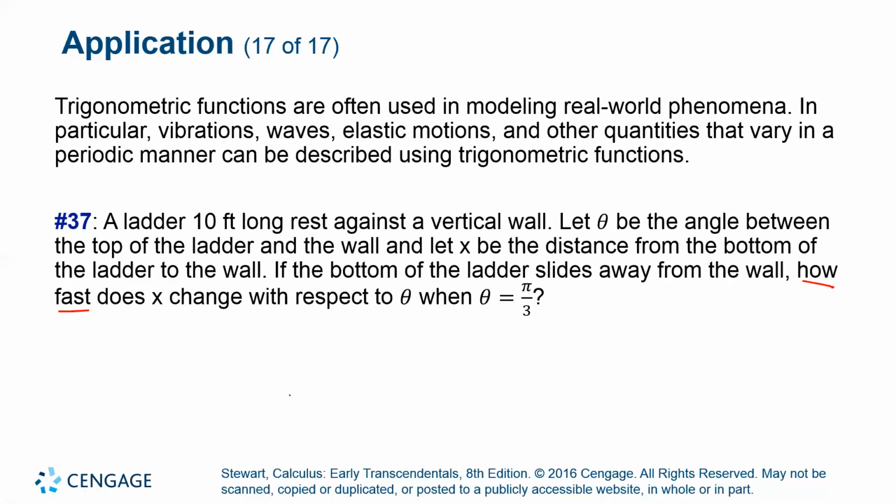So I'm going to draw a diagram so that you can see. Let's go to the next page to get more space. Okay, we're going to draw a diagram. So here's my ladder, and that's my wall.